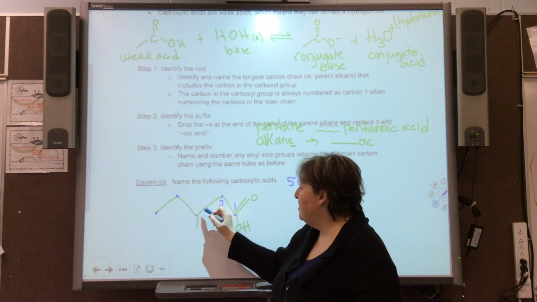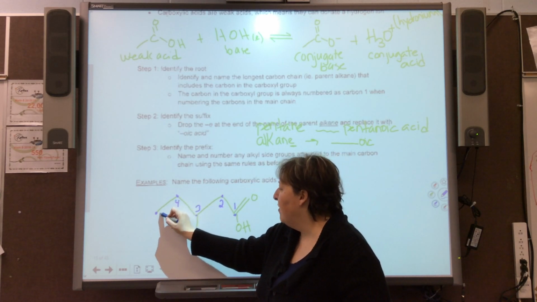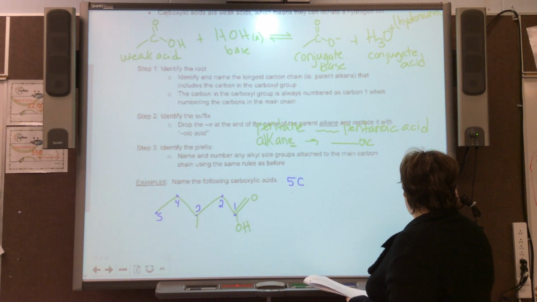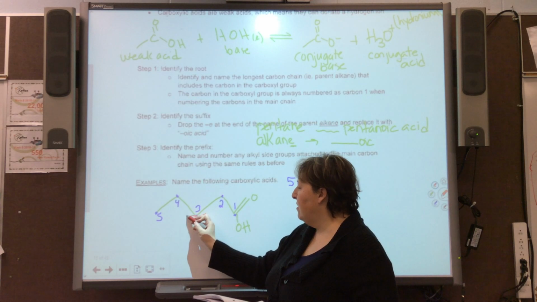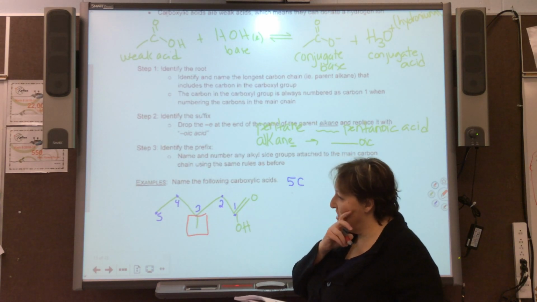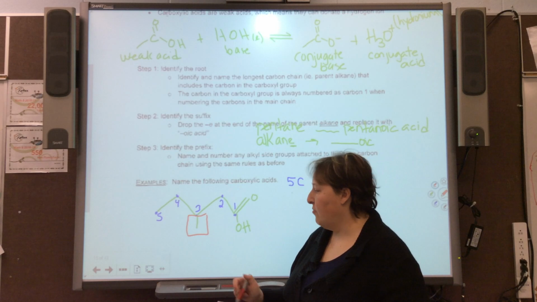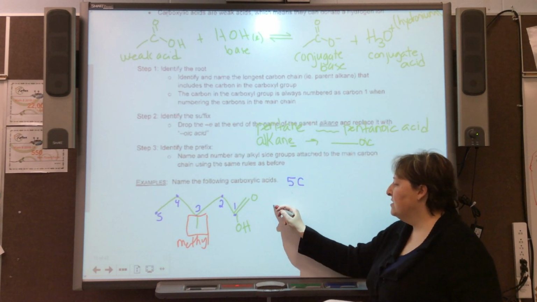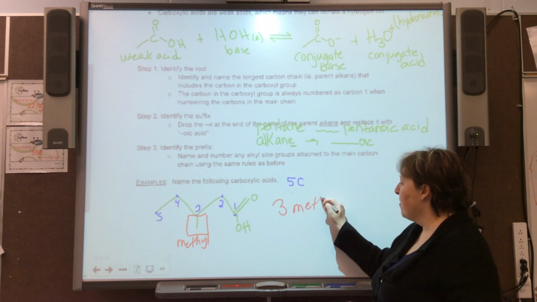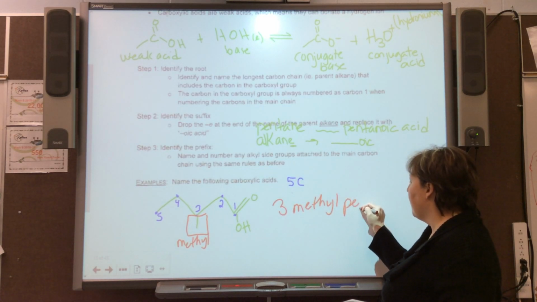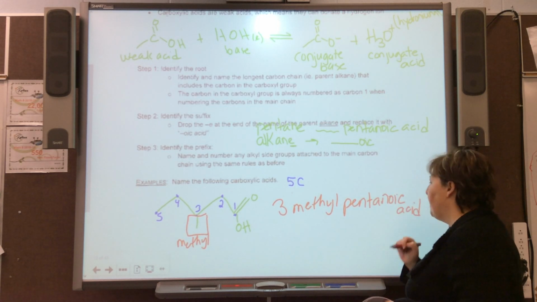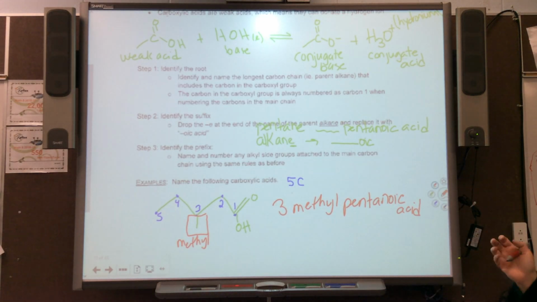So 1, 2, 3, 4, 5. And then we identify any side chains that we have. And we see that there's one here. And what kind of side chain is that? Methyl group. There you go. So 3-methyl pentanoic acid.